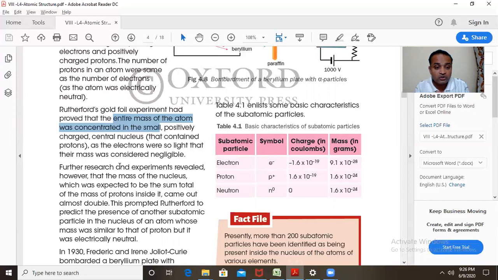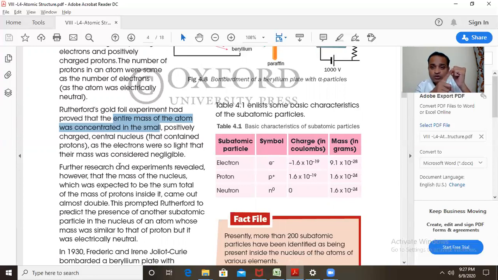And this prompted Rutherford to predict the presence of another subatomic particle inside this nucleus, which has a mass nearly equal to that of a proton, isn't it? And when this nucleus was bombarded by positive particles, they were reflected. This nucleus has positive charge. So the neutrons present inside have a mass equal to the mass of protons, but the charge on them is neutral.